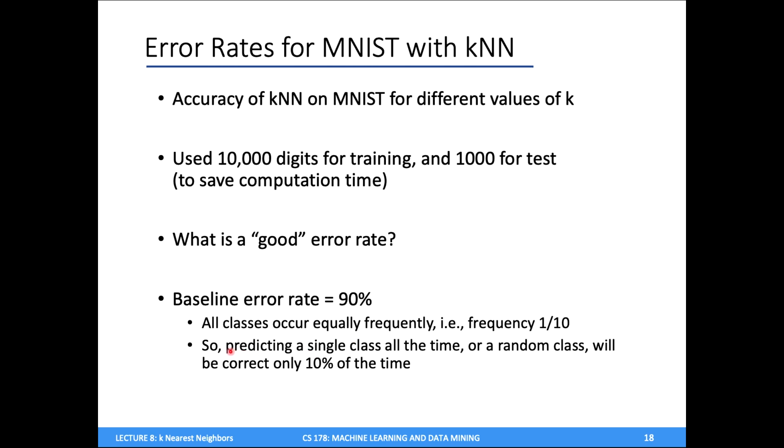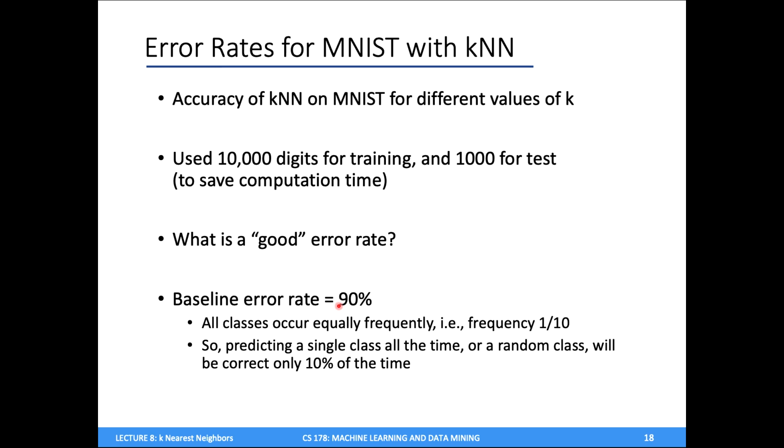What that means is that if I write down a really bad, kind of stupid idea for a classifier, like predicting 0 for all of my digits, or just predicting a totally random class for all of my digits, it'll be correct about 10% of the time, which is a lot better than 0%. But what that means is that a baseline error rate for this data set is something like 90%. So if you're doing worse than 90%, you're probably doing something wrong.